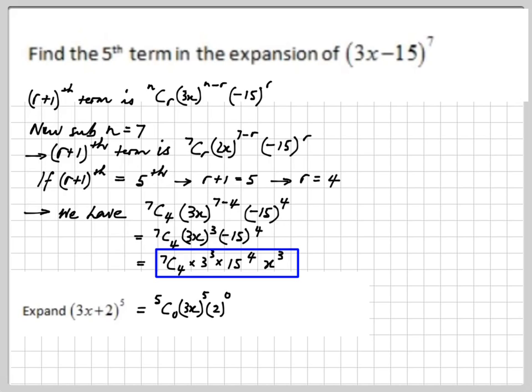So that's 5C0 (3x) to the 5 times 2 to the 0, plus, progressing along according to that sigma, I'm phasing the 3x exponents down by 1 in each successive term, and I'm phasing the 2 exponents up by 1. Of course, the 5C0, then the 5C1, then the 5C2, and then the 5C5. Get the idea?